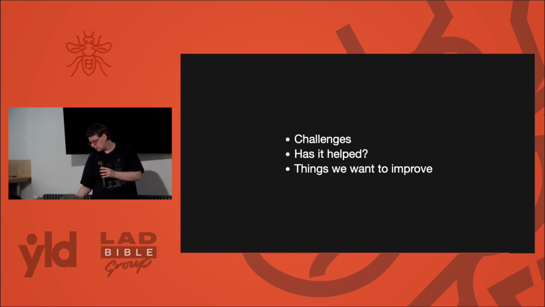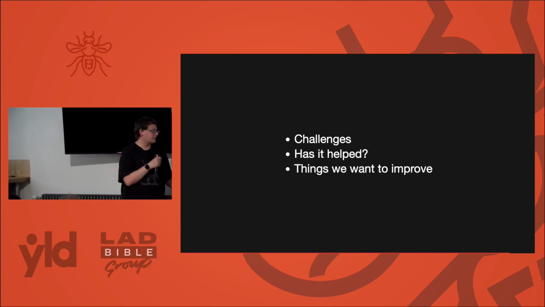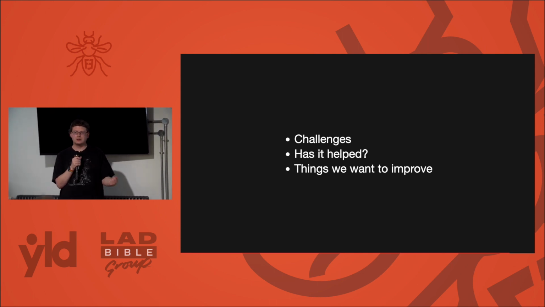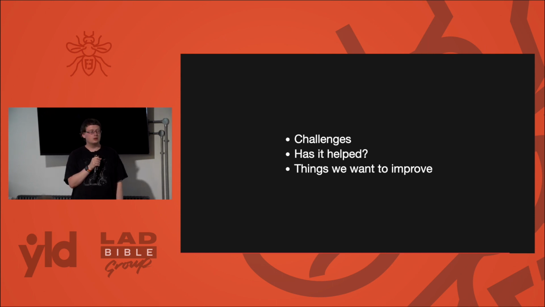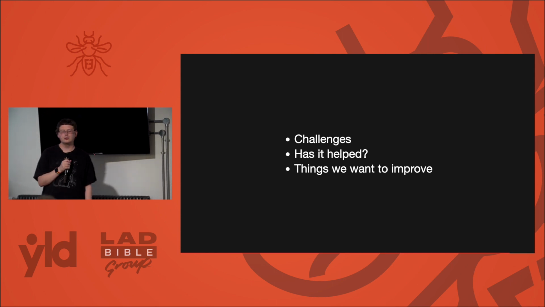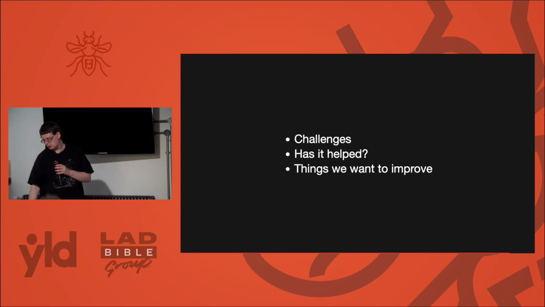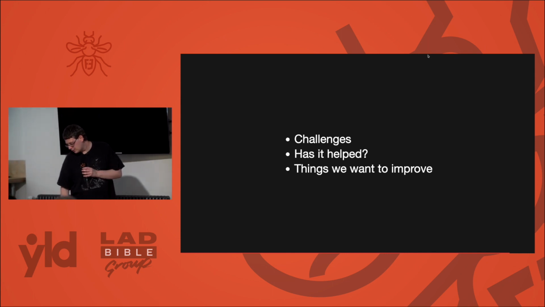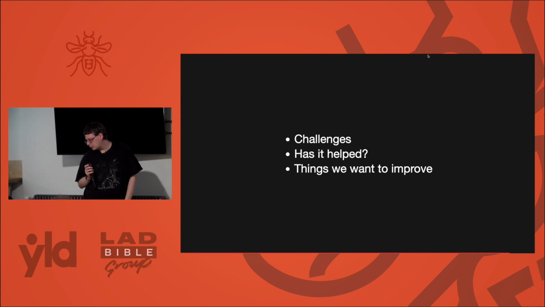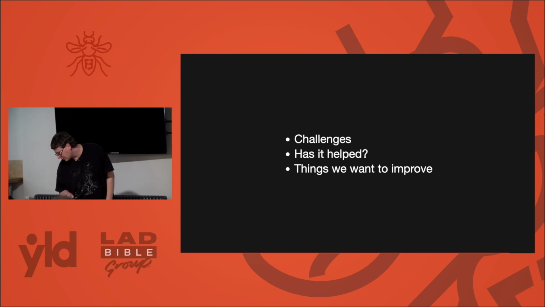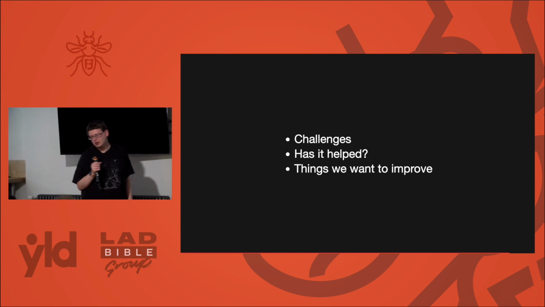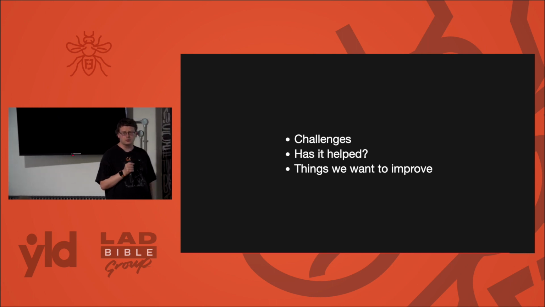So things we want to change in it going forward. As I said earlier, we want to try and improve the time it takes to run the tests, either by throwing more hardware at it or maybe looking at some of the synchronicity. And also, we want to do more journey-based testing as well.